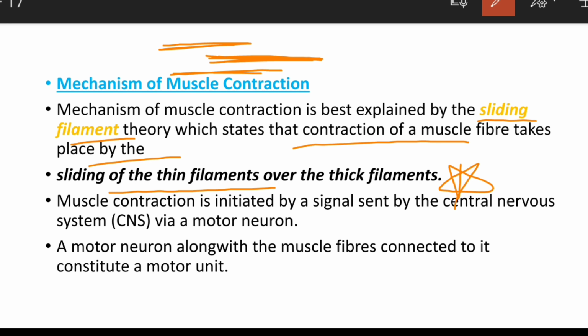Muscle contraction is initiated by a signal which is sent by the central nervous system. So this is the central nervous system which will send a signal via the motor neuron. The motor neuron along with the muscle fibers connected to it constitute a motor unit.